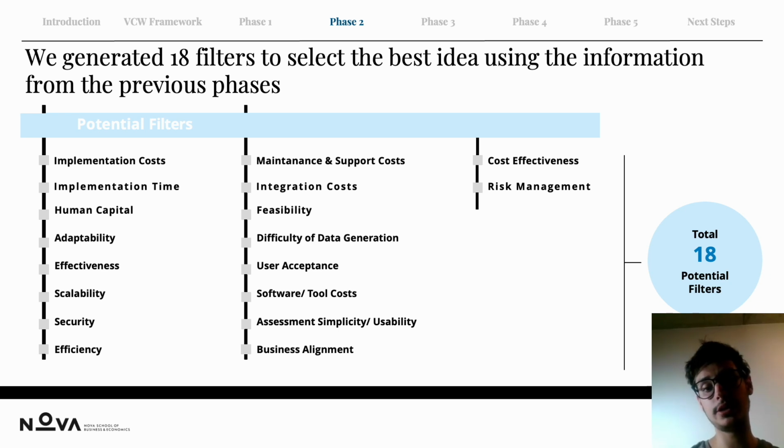Another one is the human capital, how many humans it will take to do certain tasks. Another is feasibility, how feasible this idea is. These were all considered, and later they will be ranked and judged to facilitate and generate the best idea for our project.